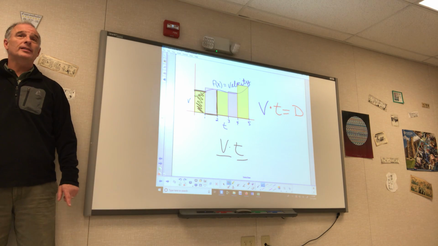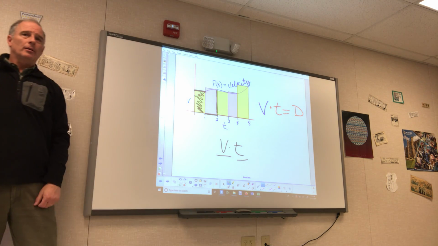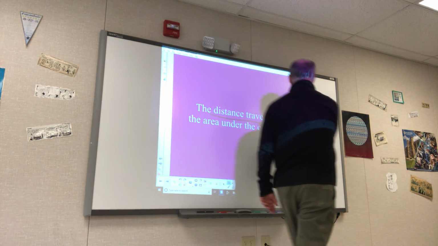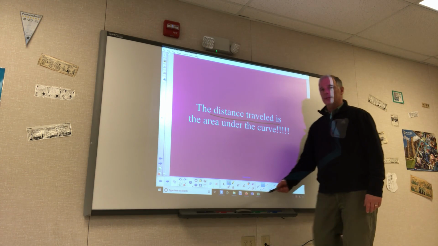That's an estimation of the distance I've traveled. So the area under that function represents the distance you traveled. If you have a velocity function, the area under the curve is distance.